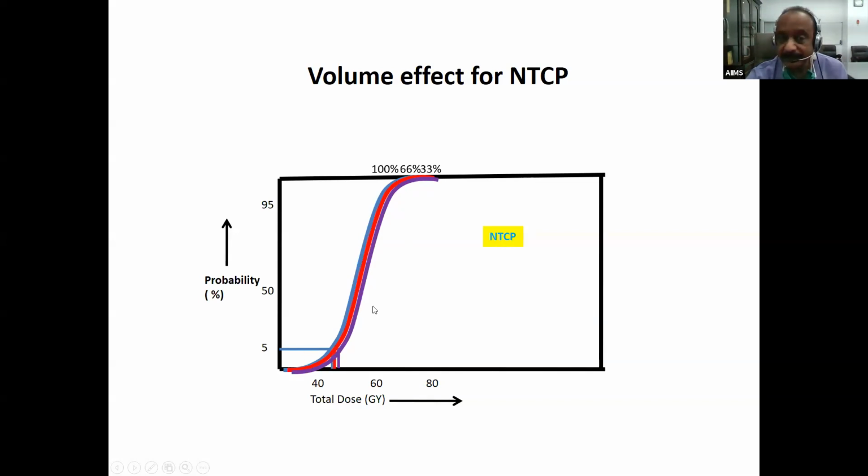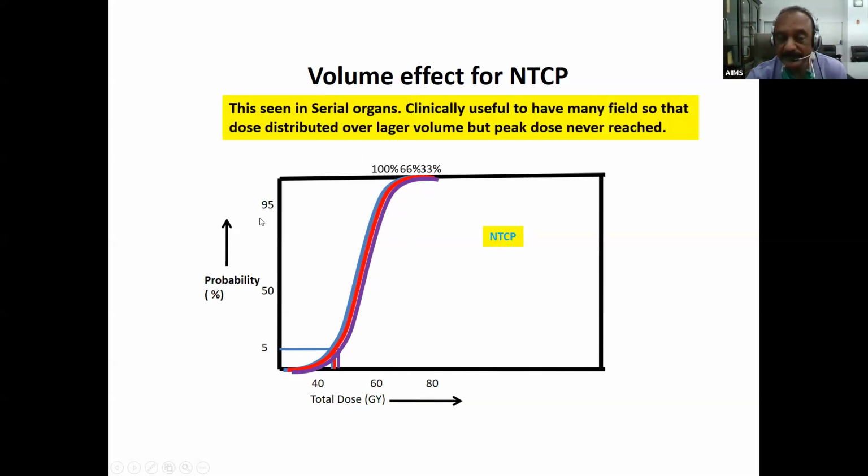It means that there is no volume effect in these organs. And this kind of relationship is seen in serial organs, right? So if you plan a serial organ, the radiation portals should be as many as possible so that the dose is distributed over a larger volume, but the peak dose is never reached.